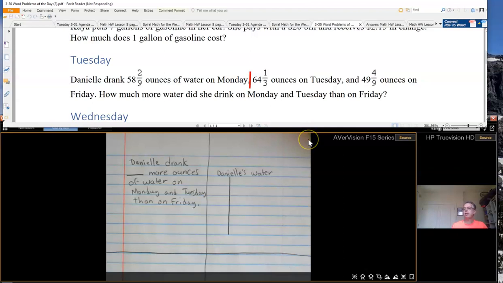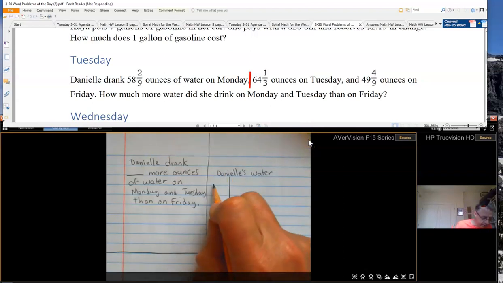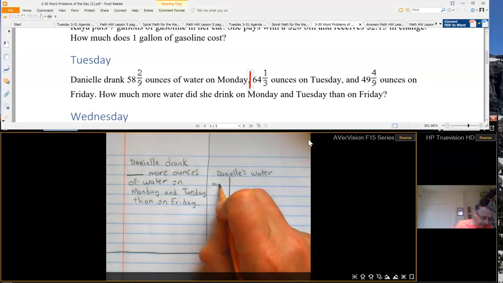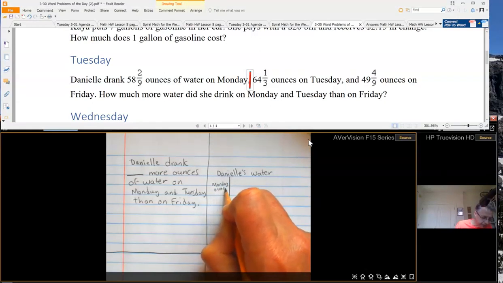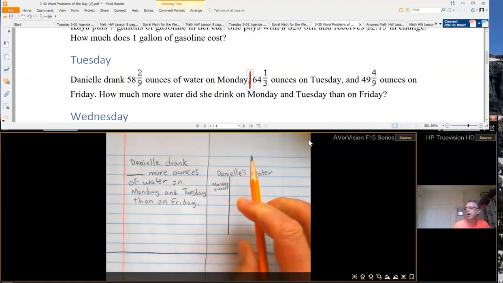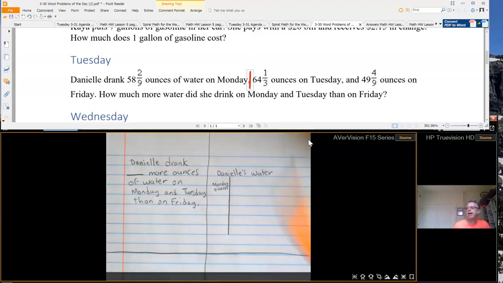So I'm going to put here Monday ounces, because that's the unit of measurement. And I'm going to draw a unit bar here. Now, I'm looking at the numbers here, 58, 64, and 49. Not looking at the fractions right now, but just the whole numbers.